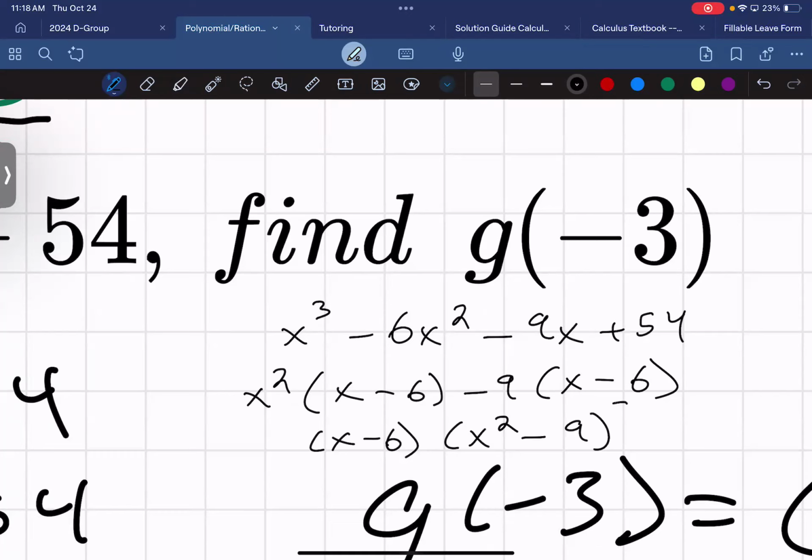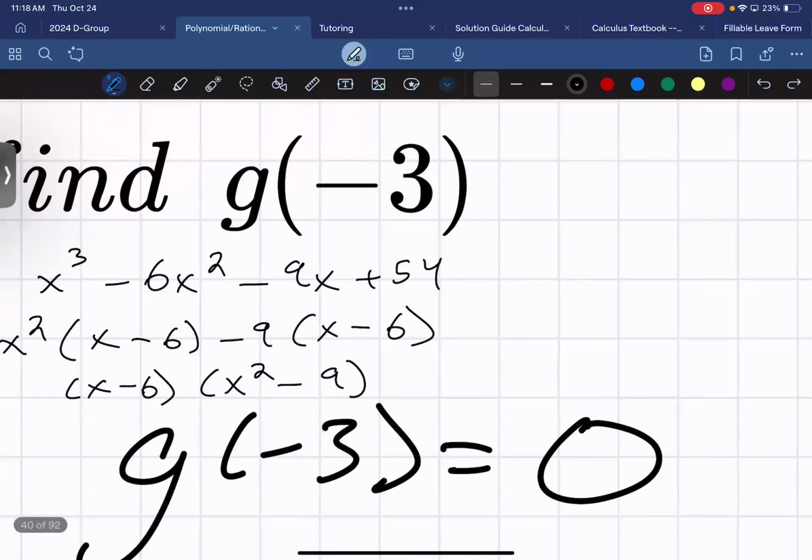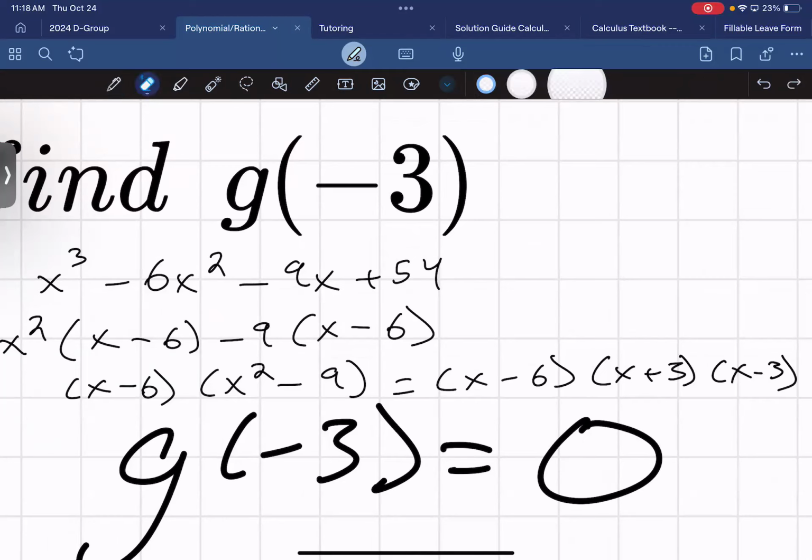What's going on here that agrees with us finding that x minus 3 is a factor? Right. The square root of 9 is 3. Good. Where we could rewrite this as x minus 6 times x plus 3 times x minus 3. And there's our confirmation. This is our confirmation that what we just found is true from a factoring perspective.